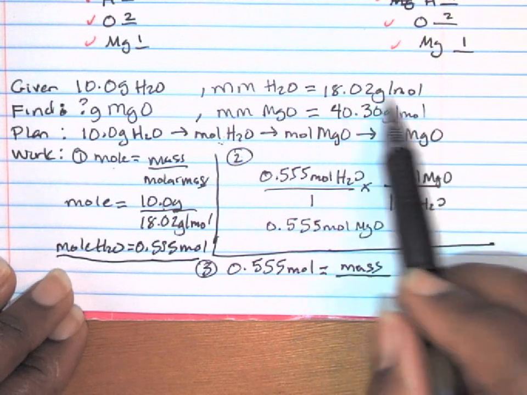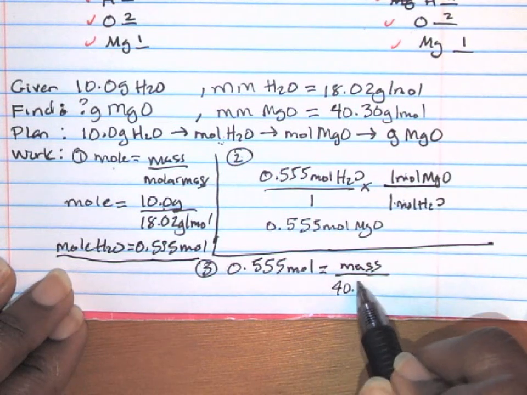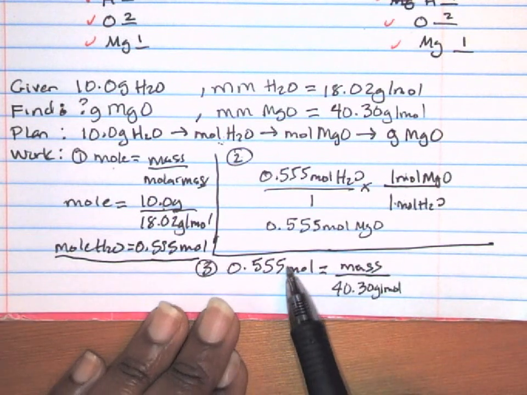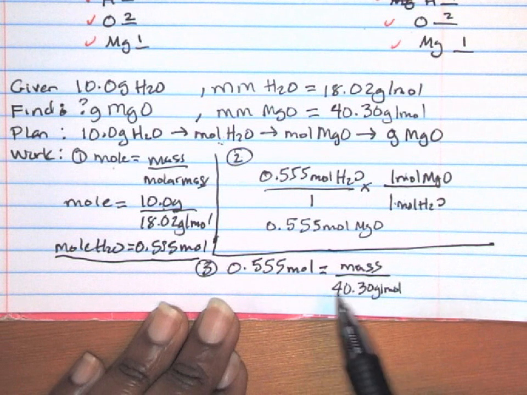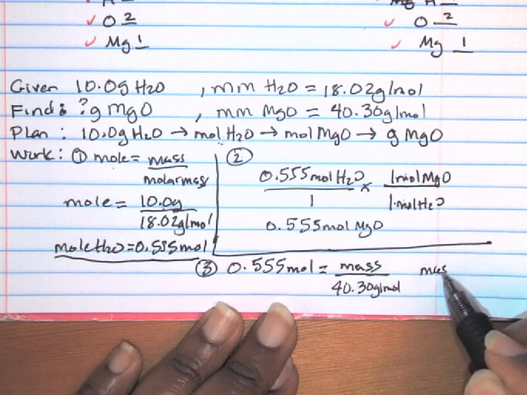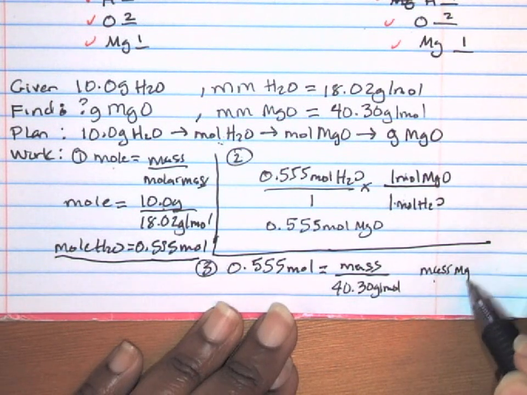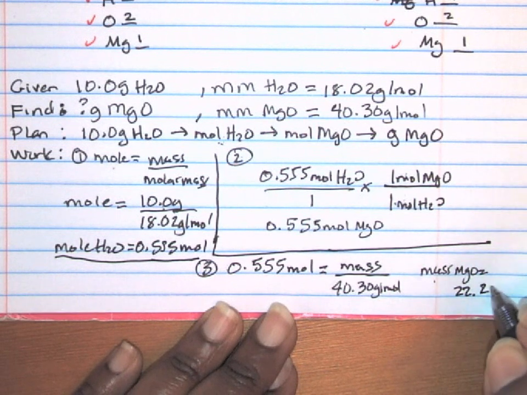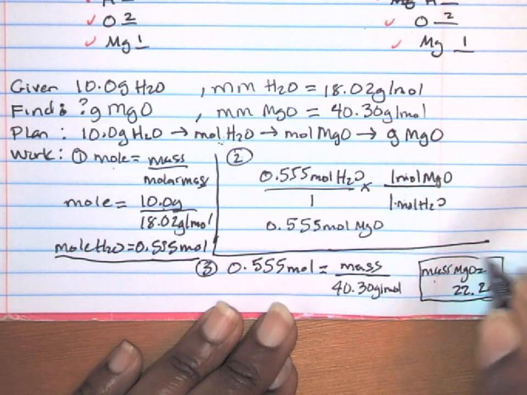That number goes here. Now I just multiply these two out, and I get the mass of magnesium oxide to be 22.2 grams. And that's the final answer right here.